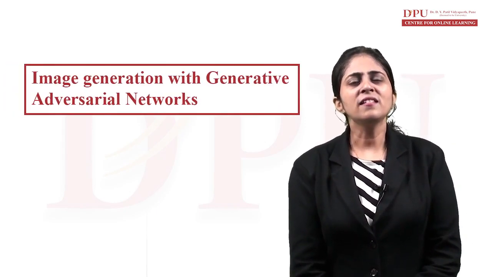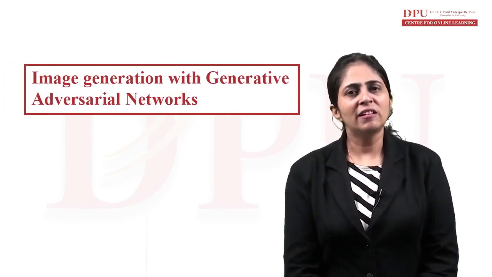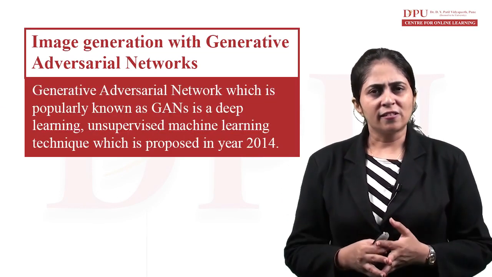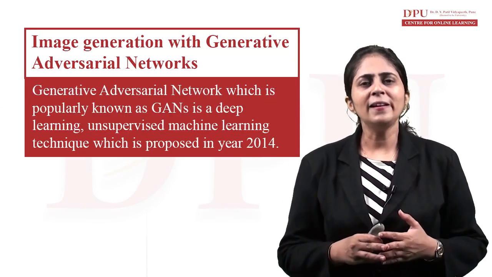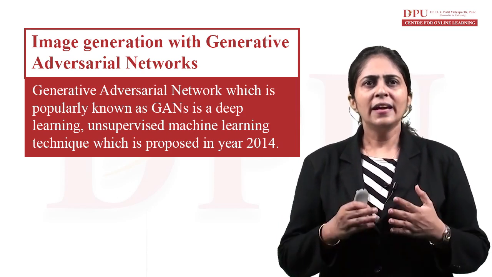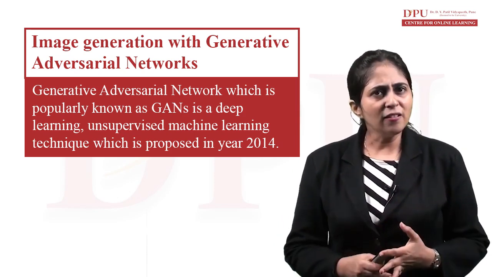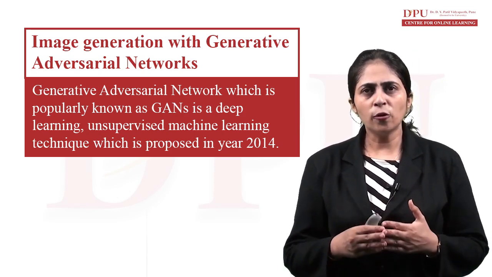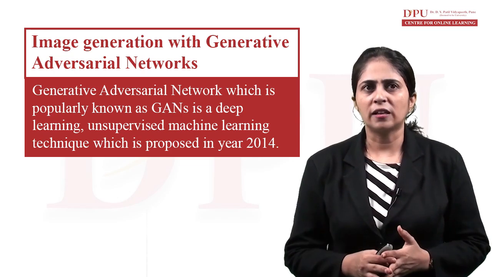Next is image generation with generative adversarial networks. These generative adversarial networks, which are popularly known as GANs, are a deep learning, unsupervised machine learning technique which was proposed in the year 2014.